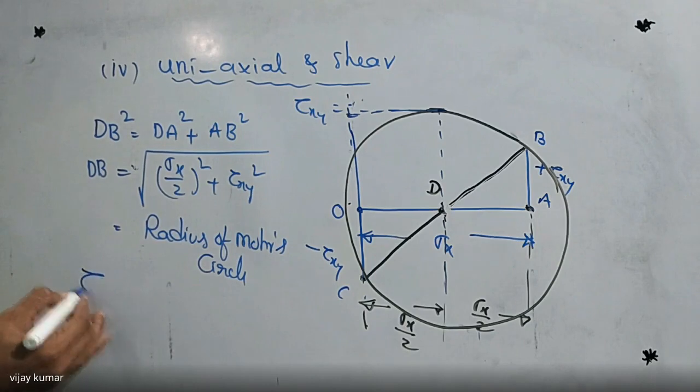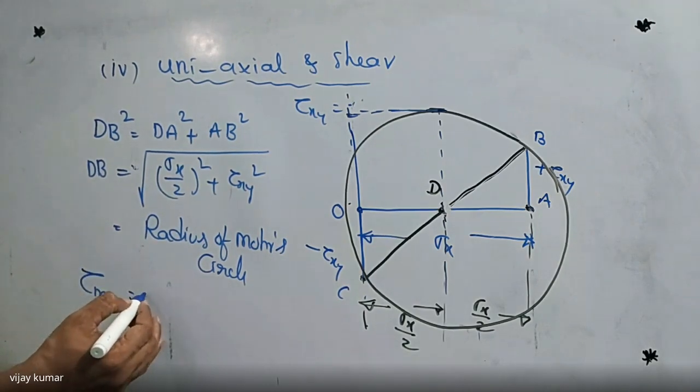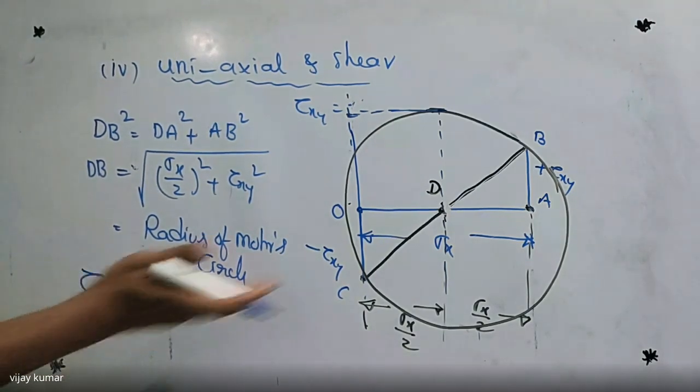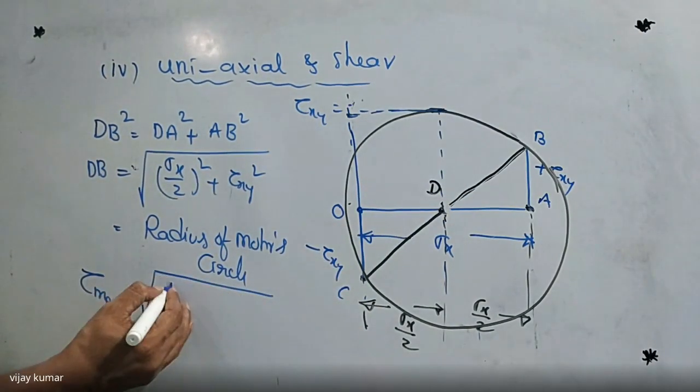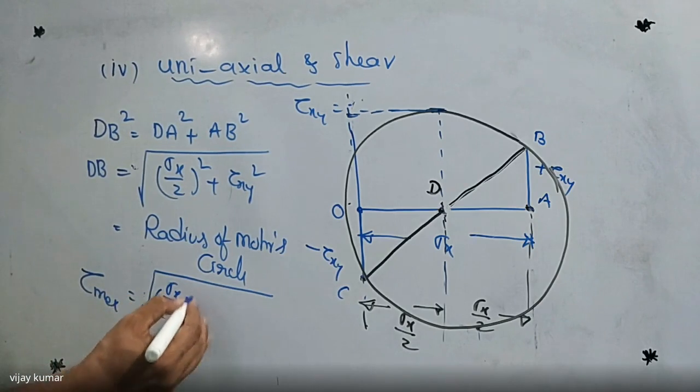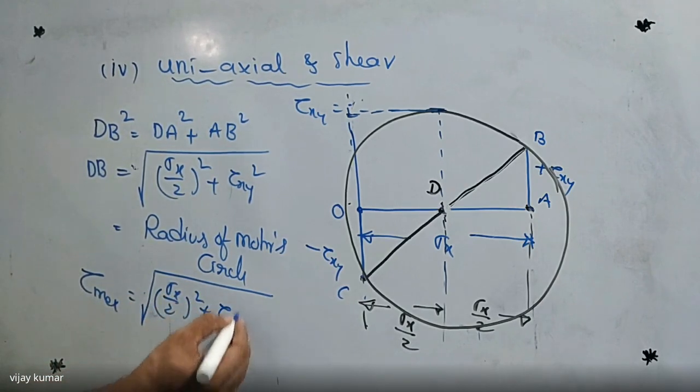So tau maximum is equal to plus or minus, we can take either this side or this side, square root of sigma x by 2 whole square plus tau xy whole square. This is the value of the radius of the Mohr circle.